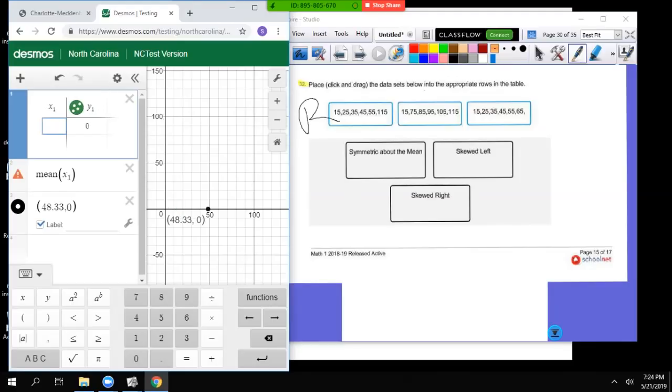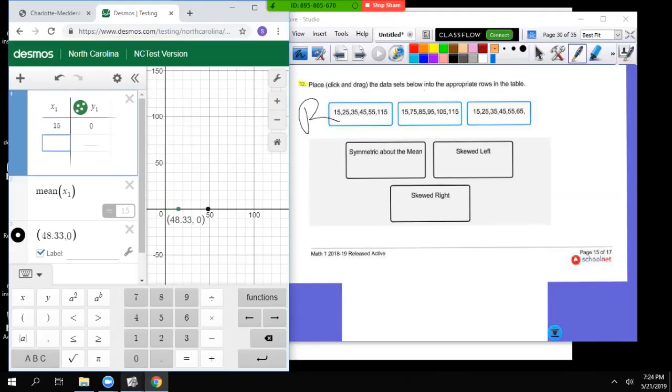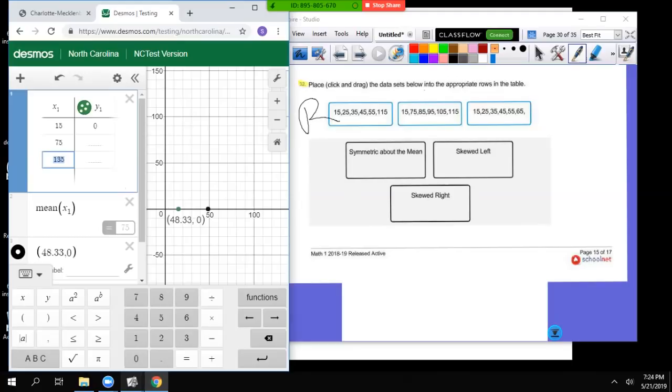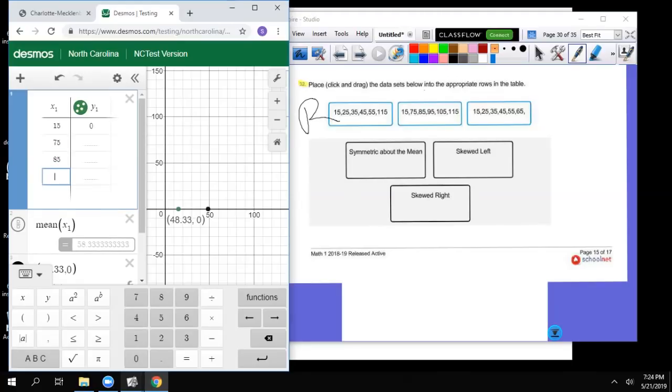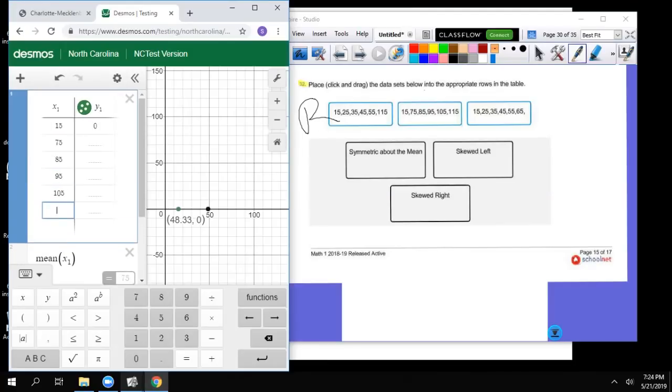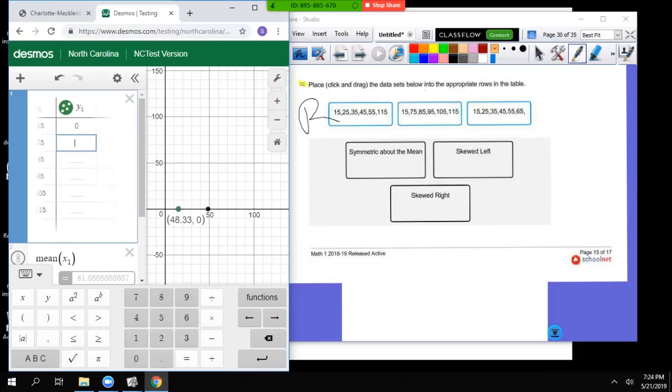So we have x of 15, 75, 85, 95, 105, and 115, okay? Remember, I'm going to fill in 0 for all of my y values because I'm trying to create coordinate points here. And notice it's filling in my points on that side.